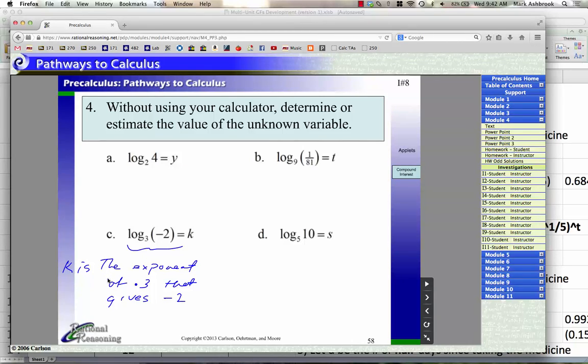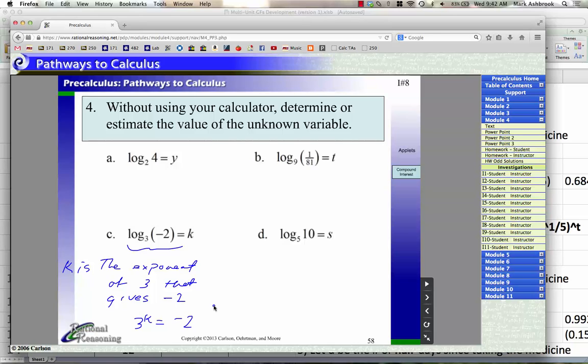So what to the what? TJ. Yeah, that's it. K is the exponent of 3 that gives -2. What about a value for K? Okay, it doesn't exist.